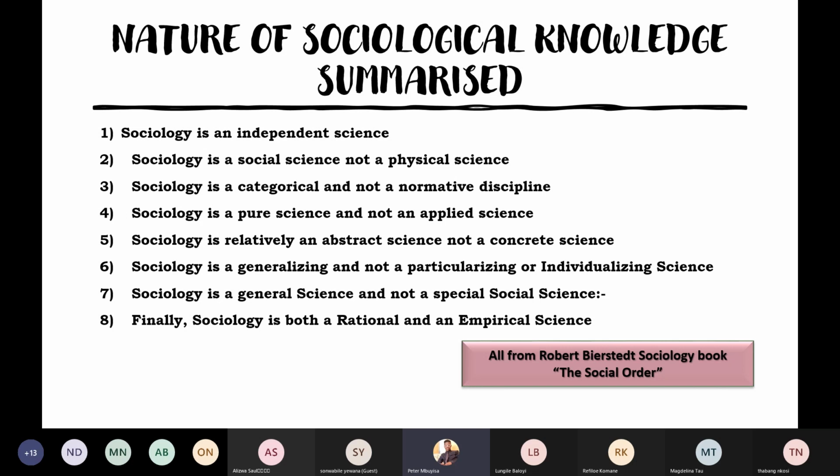Remember, Comte called it social physics at some point. So we disregard that name because sociology falls under the family of social sciences. It concentrates its attention on men, their social behaviors, their social activities, their social life.